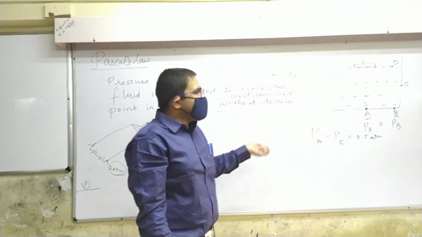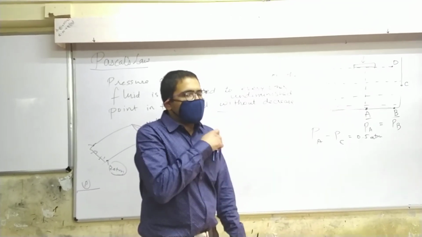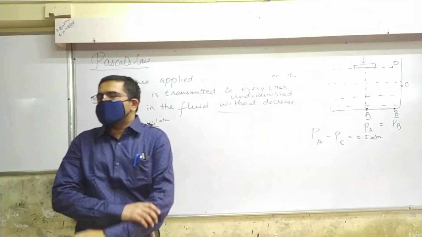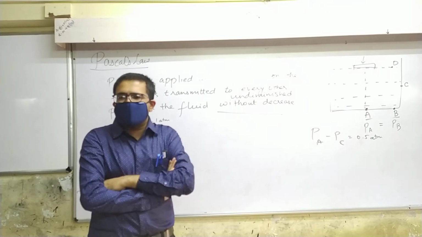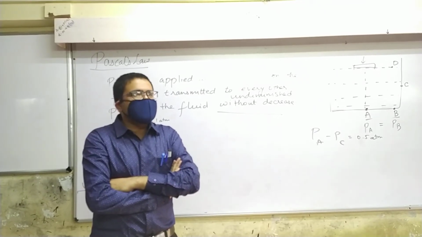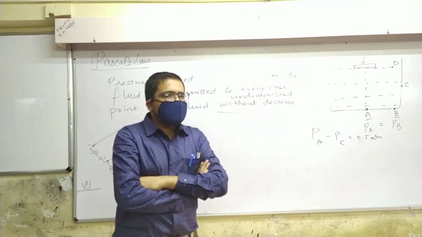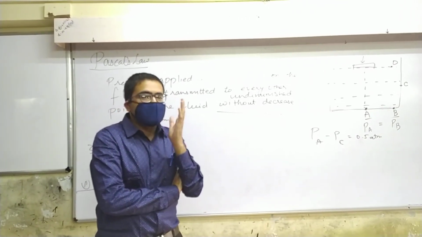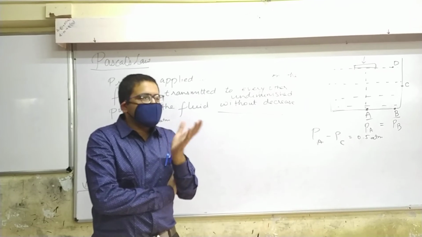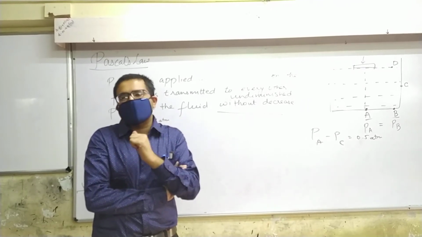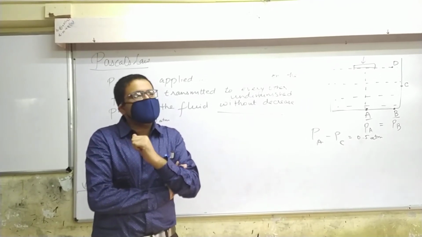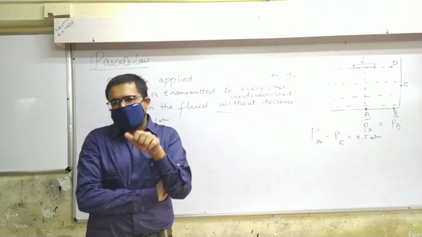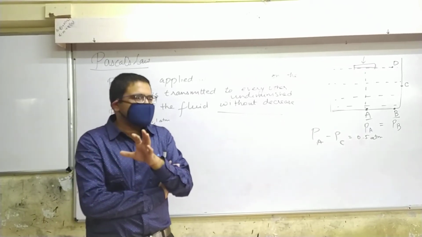One biggest use of Pascal's law is in hydraulic machines. Do you know what is a hydraulic brake? Yes. It is used in the larger vehicles like trucks. Or it is one of the efficient braking ways, one of the efficient ways to apply brakes in all vehicles actually.